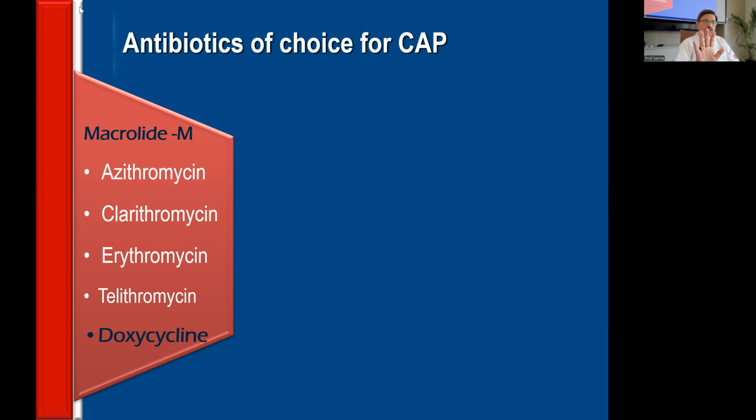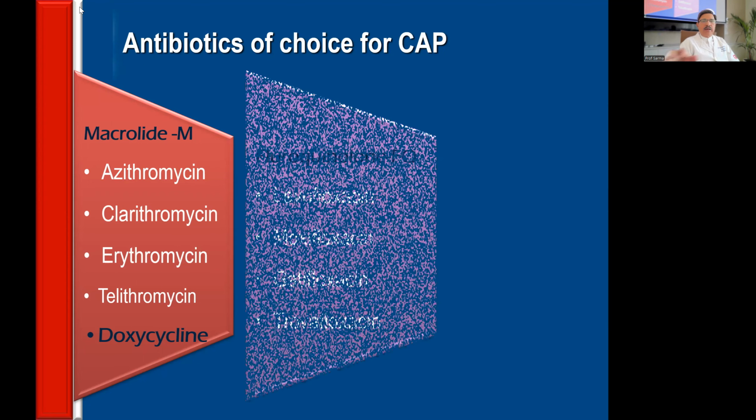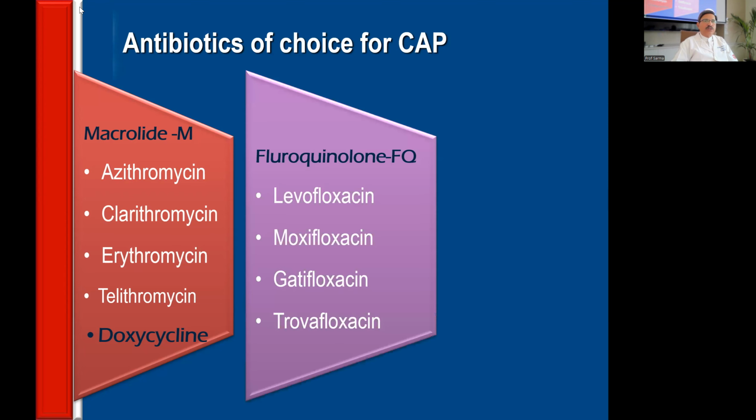So what is the first group of drugs? Macrolides and doxycycline. Now, what is the second group of drugs? Respiratory fluoroquinolones. We call them FQ. Why do I say respiratory? Norfloxacin cannot be used.